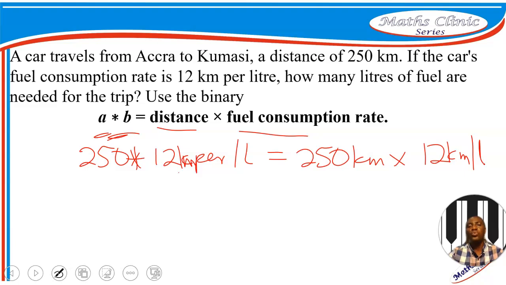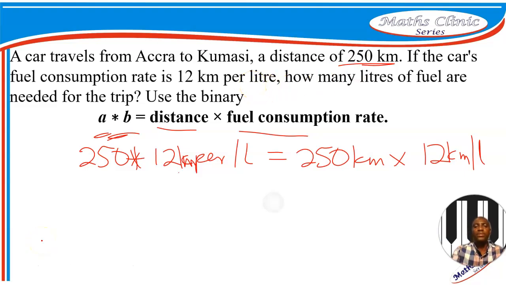So this calculation can be done easily, and you will know the fuel that you consume if you travel 250 kilometers. So these are some of the things we can use binary operation to calculate.